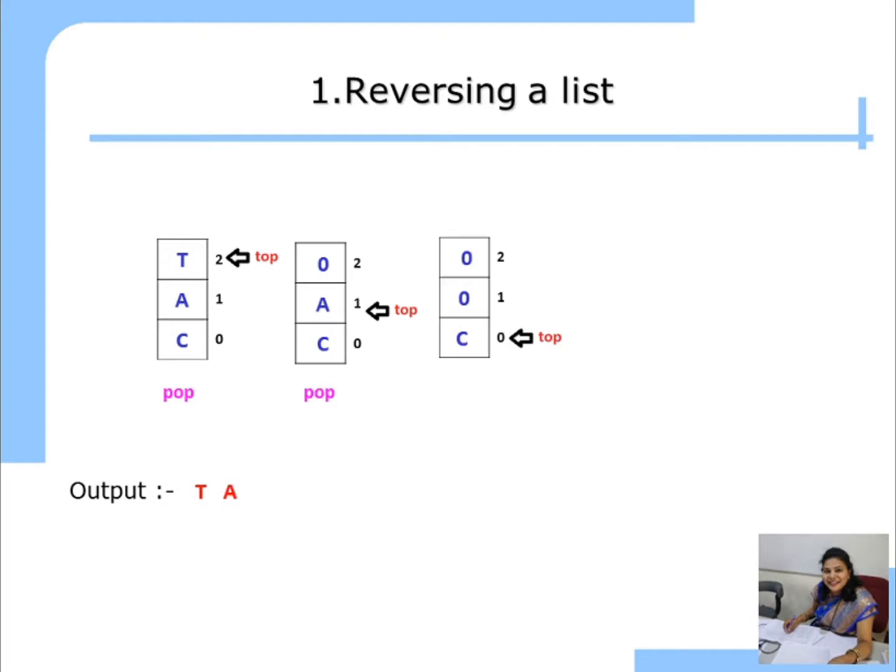After that you perform the pop operation again, you remove C from the stack and it gets printed. Now your stack has become empty. We have performed all the pop operations and we get the output which is the reverse of cat. So the reverse of cat is nothing but TAC. This is how the stack is used for reversing the list.